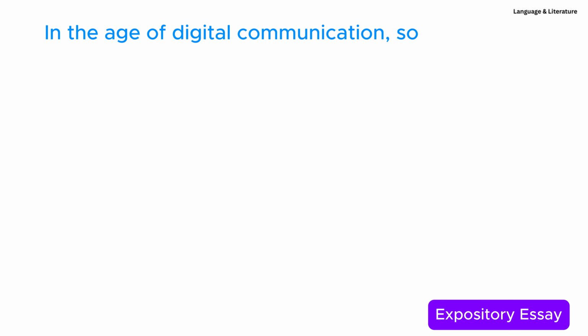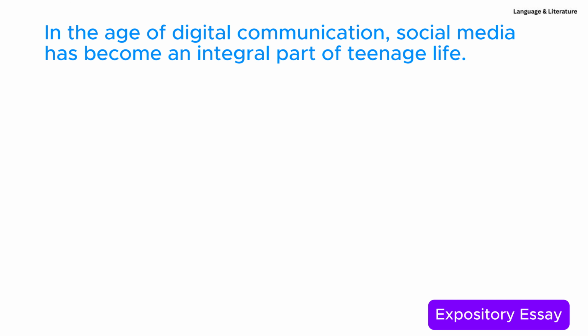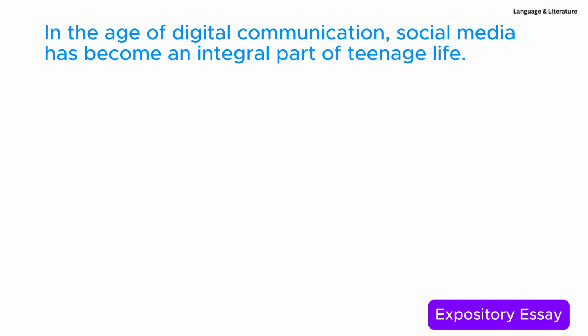In the age of digital communication, social media has become an integral part of teenage life, and this is the hook of this writing. And here I have used a statement. It can be a question, it can be an anecdote, it can be a short story, it can be a statistic. But here I have used a general statement in order to hold the attention of my reader.